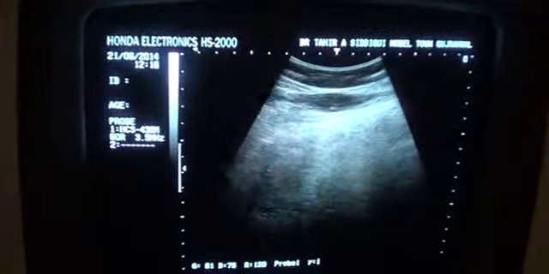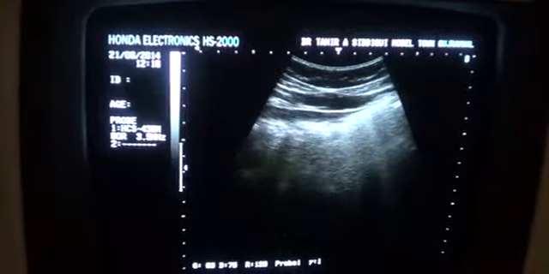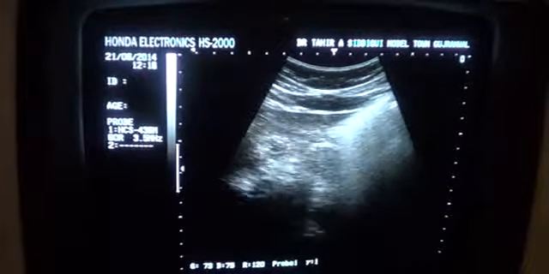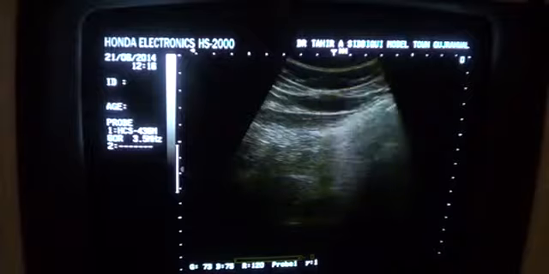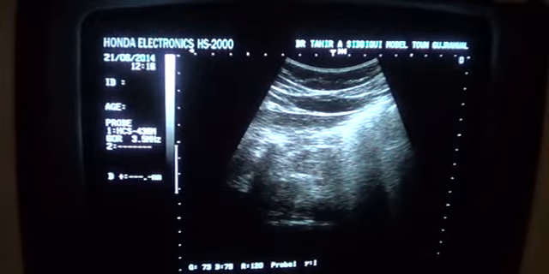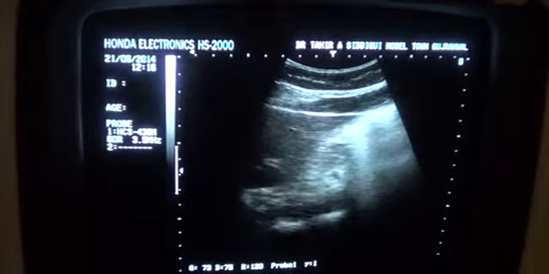So sonographically, it does not appear to be a benign mass or a simple mass or a non-aggressive mass. This is the body of the pancreas. This is the head of the pancreas.